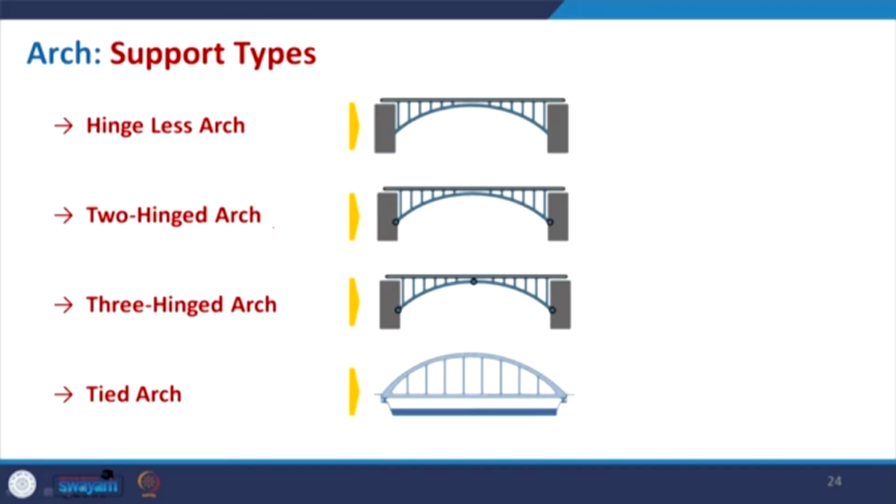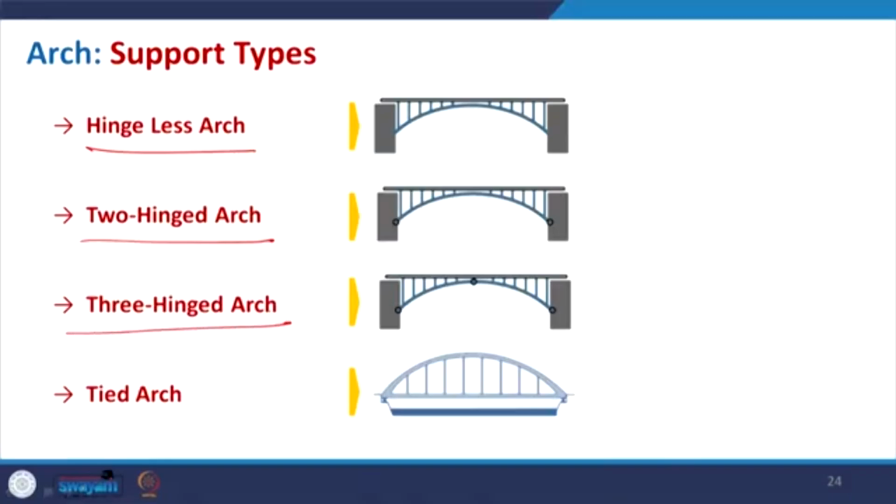Now, coming to the support, we can have the hingeless arch, where it is just fixed, then you have the two hinge arch. These particular examples are related to bridges, because it is used in a bigger manner in creating those bridges that we have seen in some of the examples, the segmental arch, or sometimes the lancet arch.